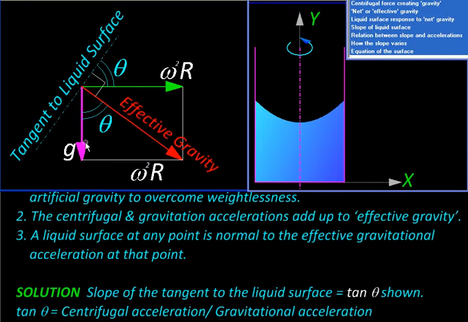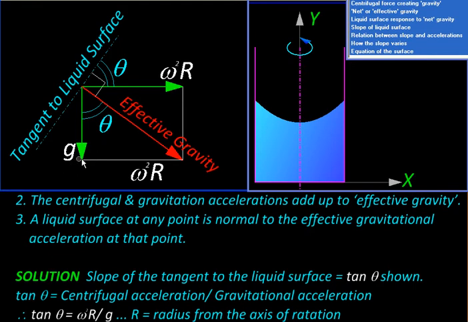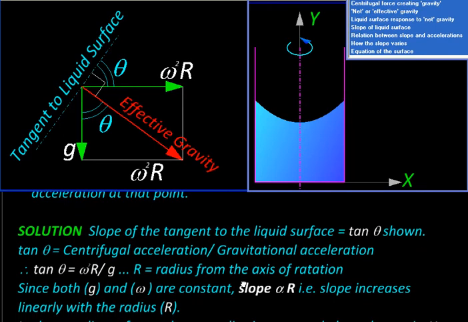The adjacent side is g. So tan theta can be expressed as the centrifugal acceleration divided by gravitational acceleration, r omega square upon g. But since both g and omega are constant in this case, we can write tan theta is directly proportional to r. So slope is directly proportional to the radius.